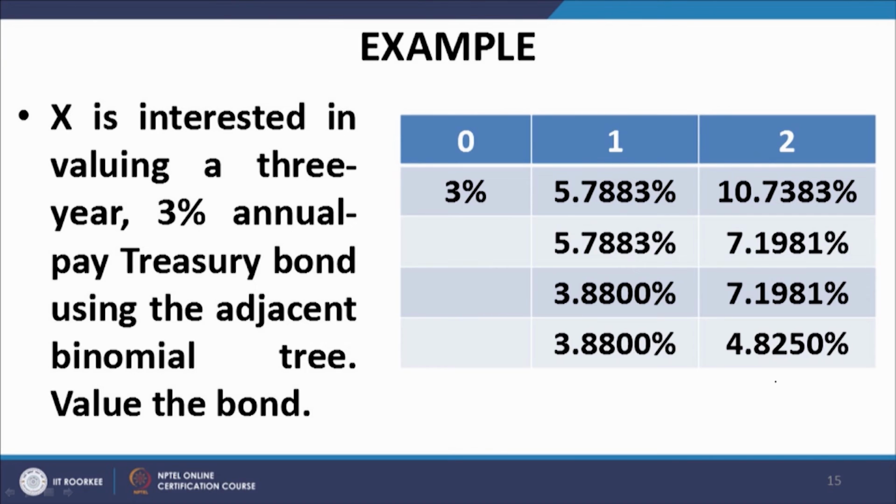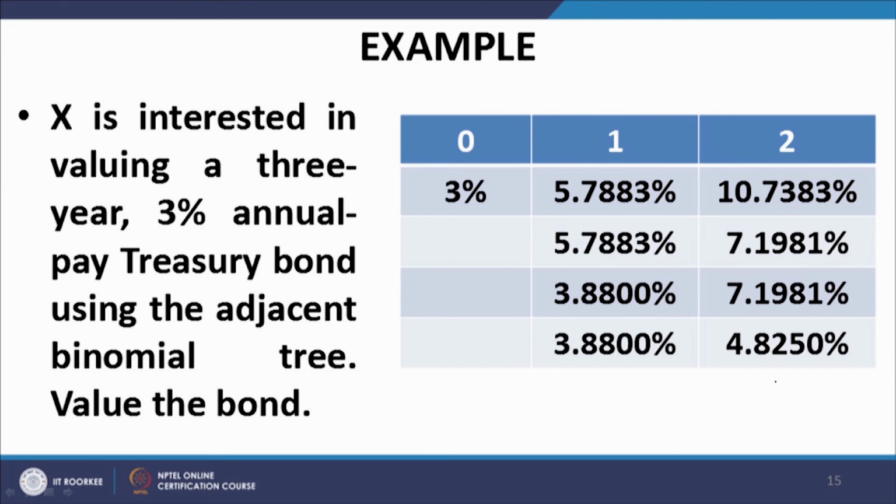Please note it is a recombinant tree. So, the forward rate at t equal to 2, that is the rate from t equal to 2 to t equal to 3, that is F23, can take the value 10.7383% from the upper node, that is from the node 1U.